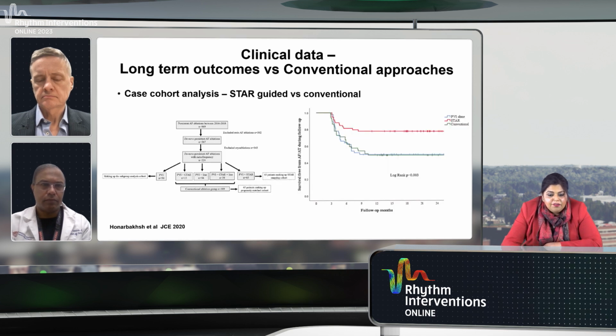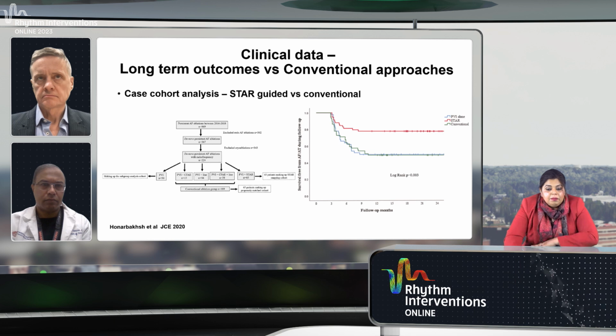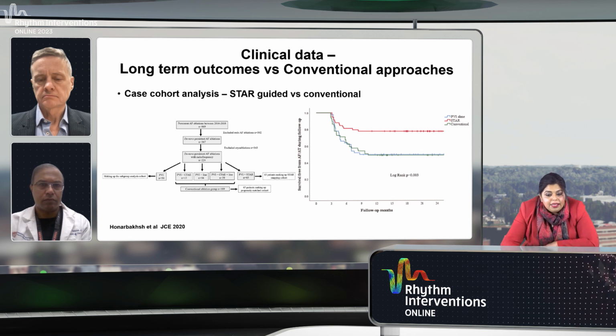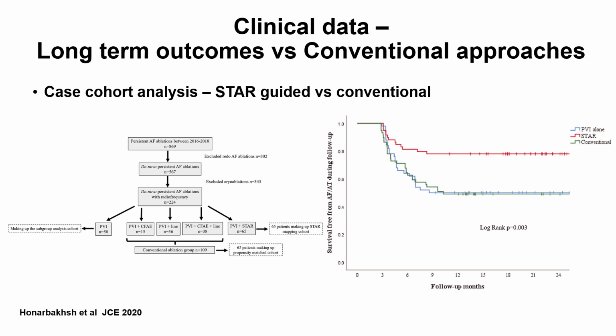And just to show some data, I don't want to take a lot of time on it, but this is data from Dr. Hornibroch and his group looking at long-term outcomes, comparing just conventional therapy.